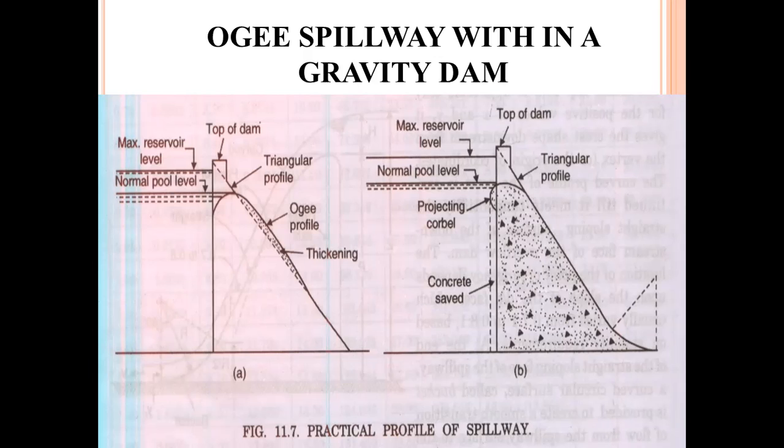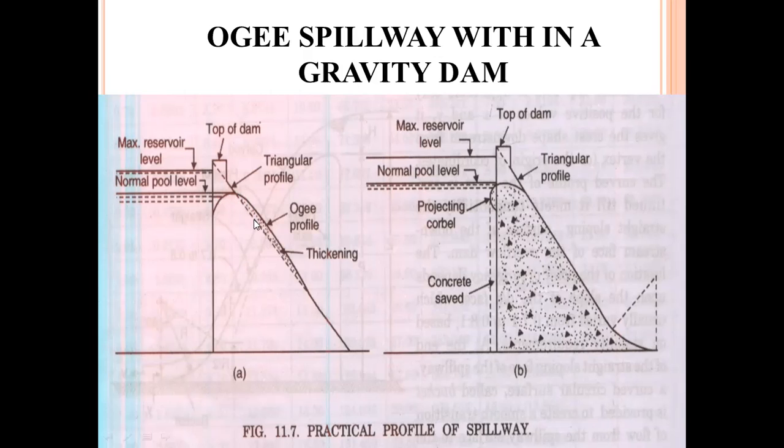So here, figure A. This is the dam shape. Initially a triangle, then we provide the top width, and the triangular section is changed. In changing, slowly the Ogee is developed.